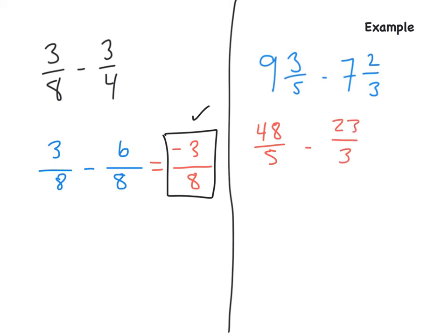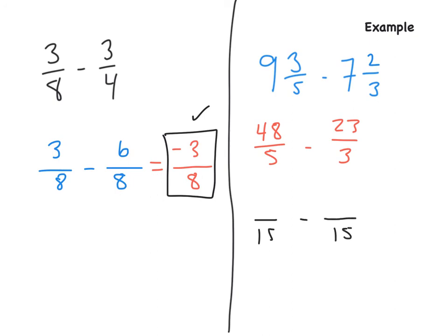So now we have to find the common denominator between the two. We could just multiply these two. So 5 times 3 is 15. So we could just use 15 as the common denominator.